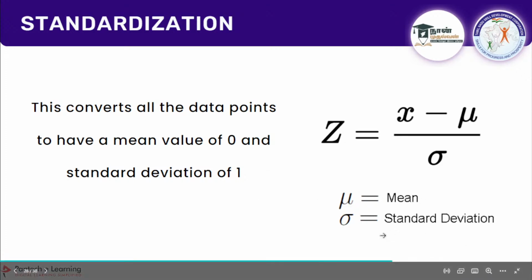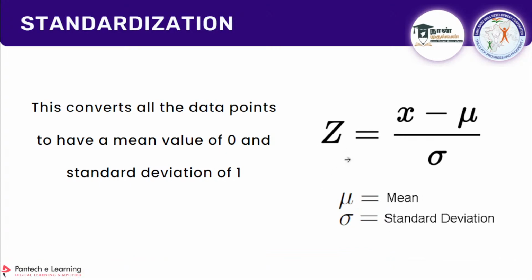So based on this, the new point you will be getting, I'll tell you what is the use and when we need to go for normalization or standardization. Now listen. The new point you are getting is the actual point minus the mean value, divided by the standard deviation. When you perform this, you will be getting an output.